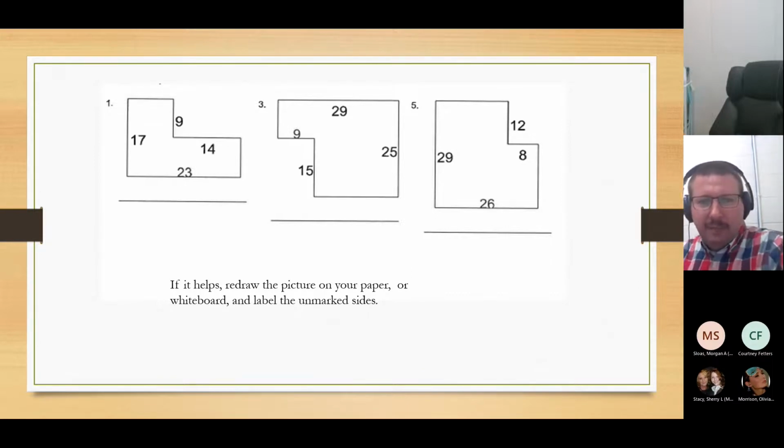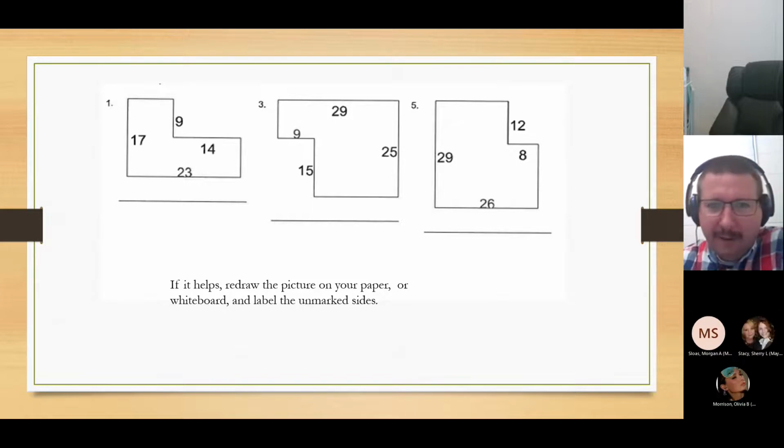On the day of the test, you've got your white board beside you, a white sheet. If it helps, you draw that picture out on your paper. It doesn't have to be exact, but just kind of sketch it and label what you do know. And then go from there.